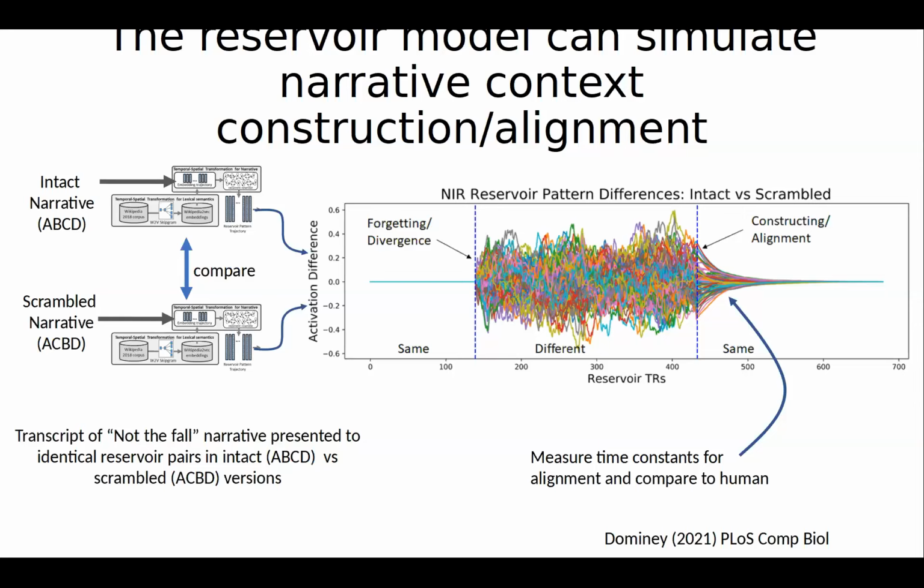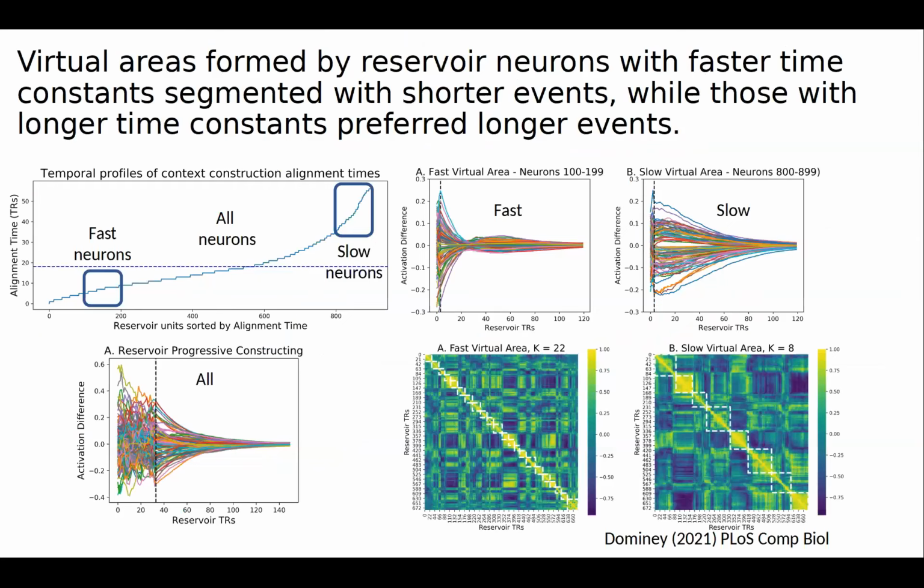What's going on here? What we can do is sort these neurons by their time constants. And so we see a nice distribution of time constants of this integration across the 1,000 neurons in the reservoir. Some of them fast, so rapidly responding, some of them quite slow. If we go back and do this analysis with the hidden Markov model, we find the same result as in the Baldassano study.